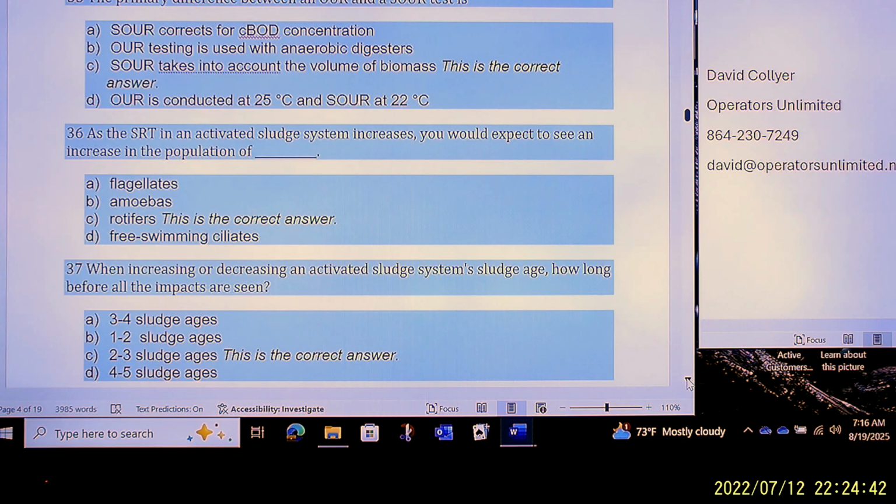C, OUR takes into account the volume of the biomass, or D, OUR is conducted at 25 degrees C and SOUR is at 22 C. The answer to 35 is C, SOUR takes into account the volume of biomass.